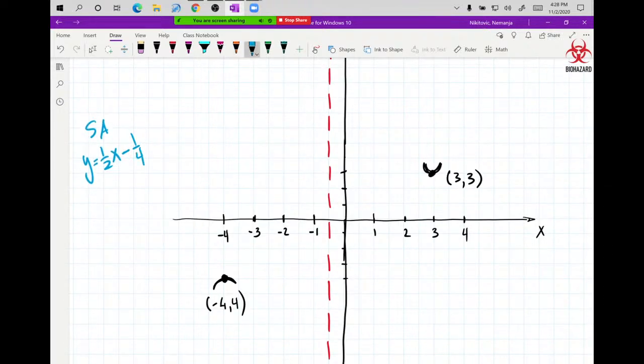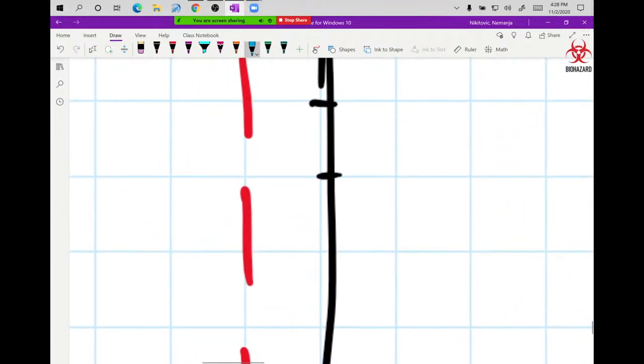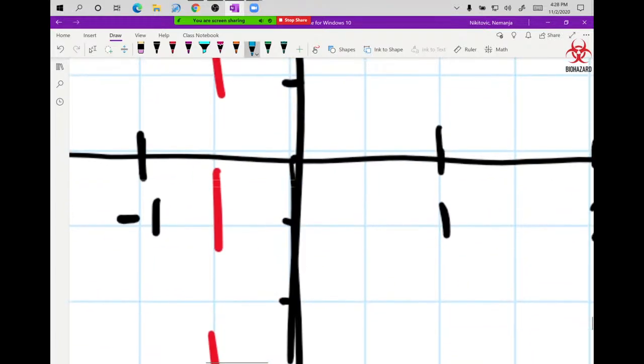Now that is extremely difficult to graph because my divisions on the y-axis are 1 square each. What I can definitely do, because I'm on a tablet, is go in and find my -1/4. So if this is the half, then 1/4 is right there.